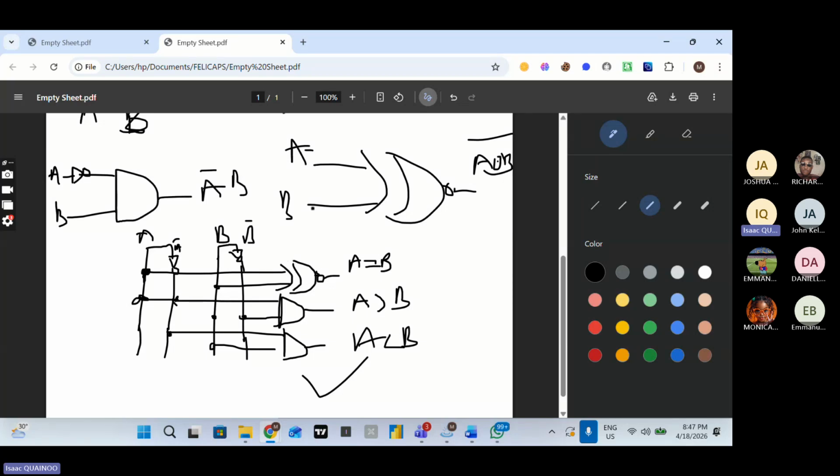And we took our second input from B, which is here. And then we connected it to our X node gates. And then we had our A equals B. Please, can you see that?